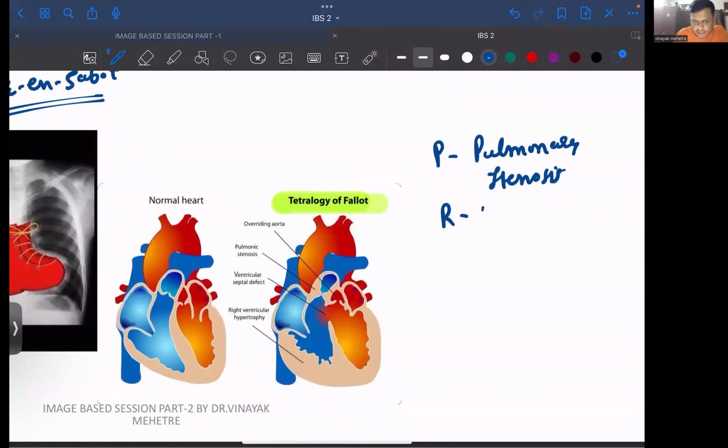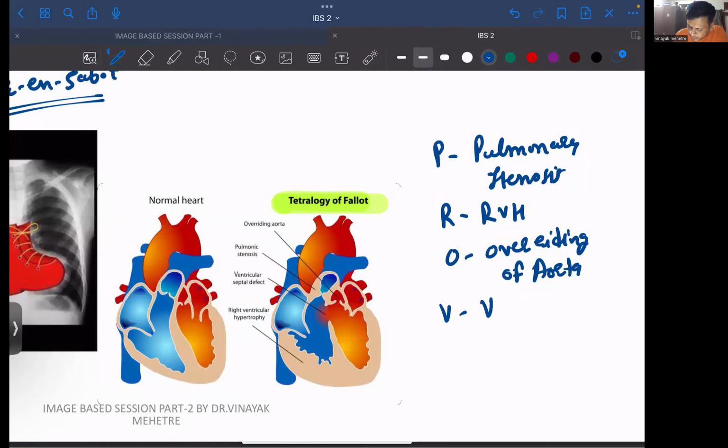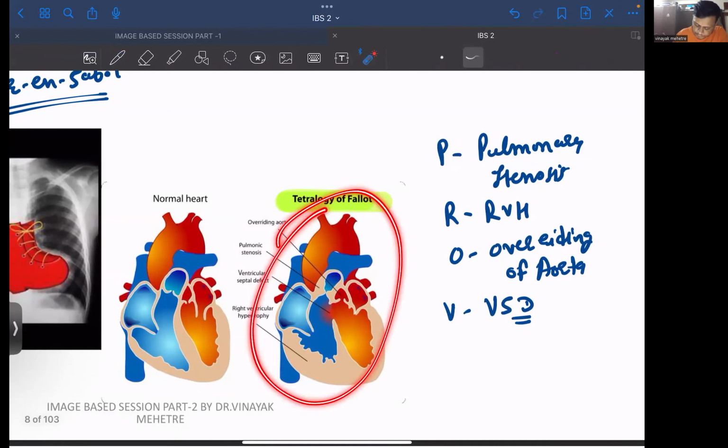R stands for right ventricular hypertrophy. O stands for overriding of the aorta. And V stands for ventricular septal defect. So your heart will look like this.